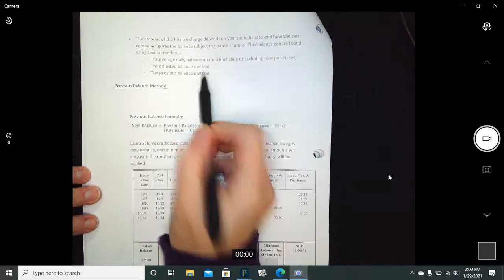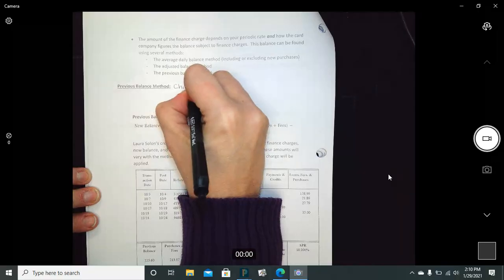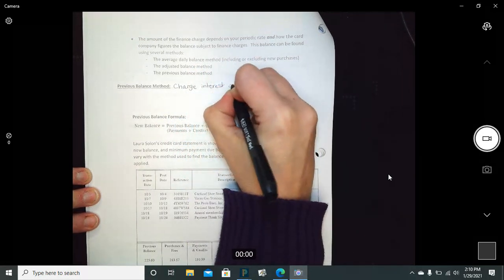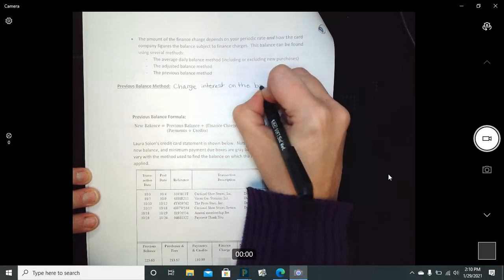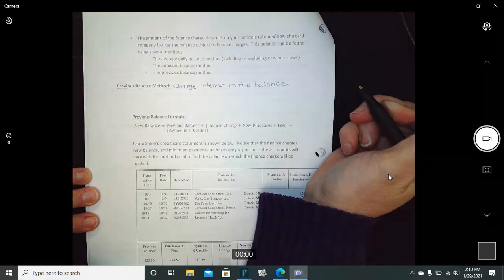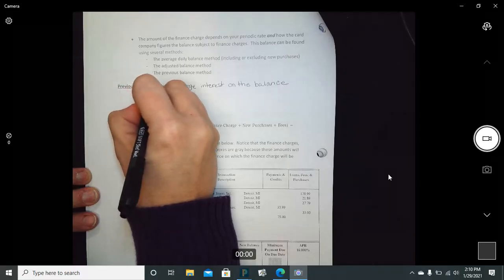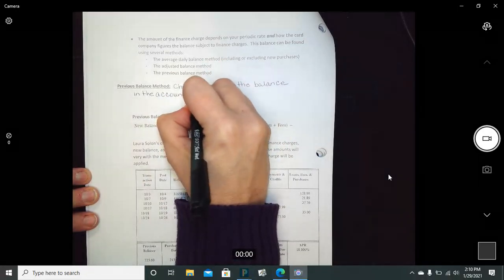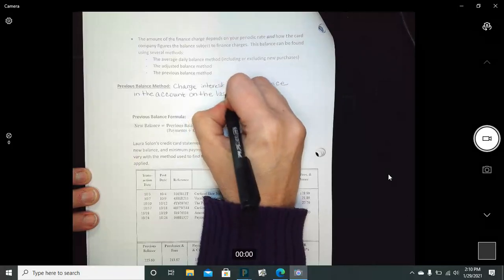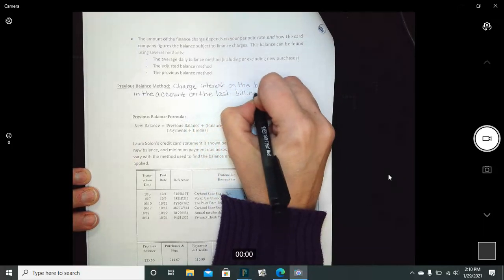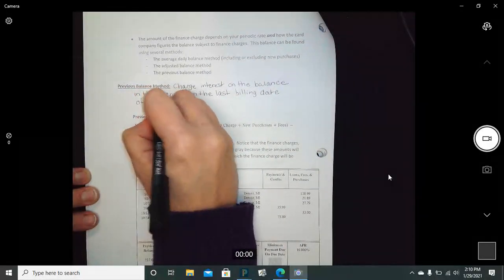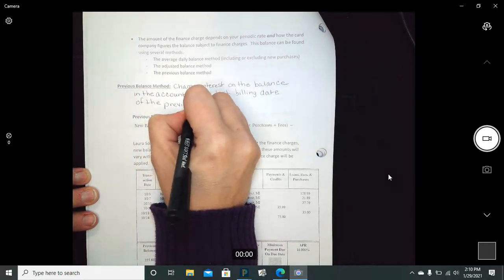So the first thing we're going to look at is the previous balance method. With the previous balance method, it's going to charge interest on the balance in the account that you have on the last billing date of the previous month.